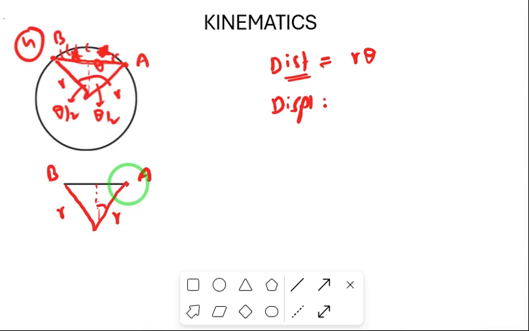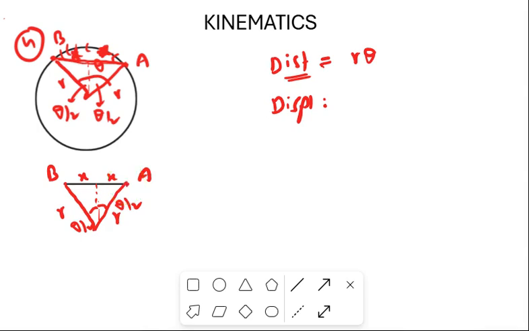Then this angle becomes theta by 2, and the remaining one will be theta by 2 angle. So the opposite sides are both equal, here let it be x and this is x. So displacement 2x you have to calculate, the total distance from A to B. How do you calculate? See properly.